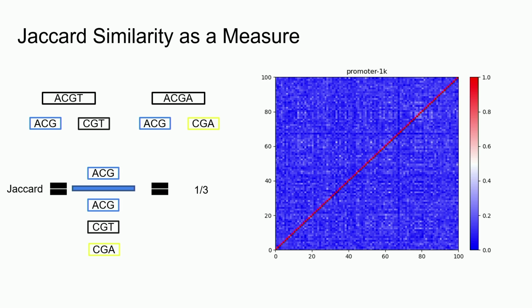For example, we chop them into k-mers, and we measure the Jaccard similarity. And if we take 100 examples from a data set, we can see that their mutual Jaccard similarity is very high. It means that if you do random sampling over the data set, it's possible that you get a lot of similar sequences. And you are kind of introducing bias into the model because the model keeps ingesting similar sequences.